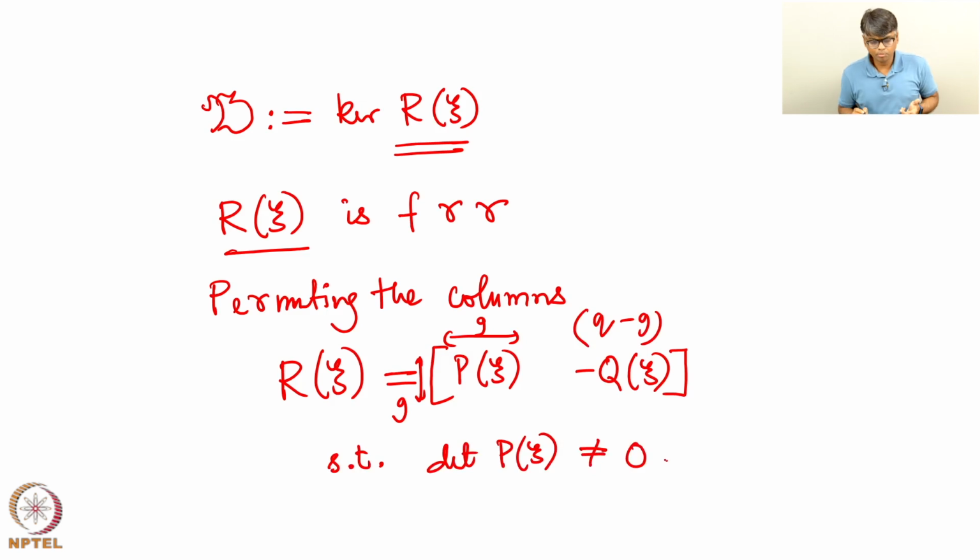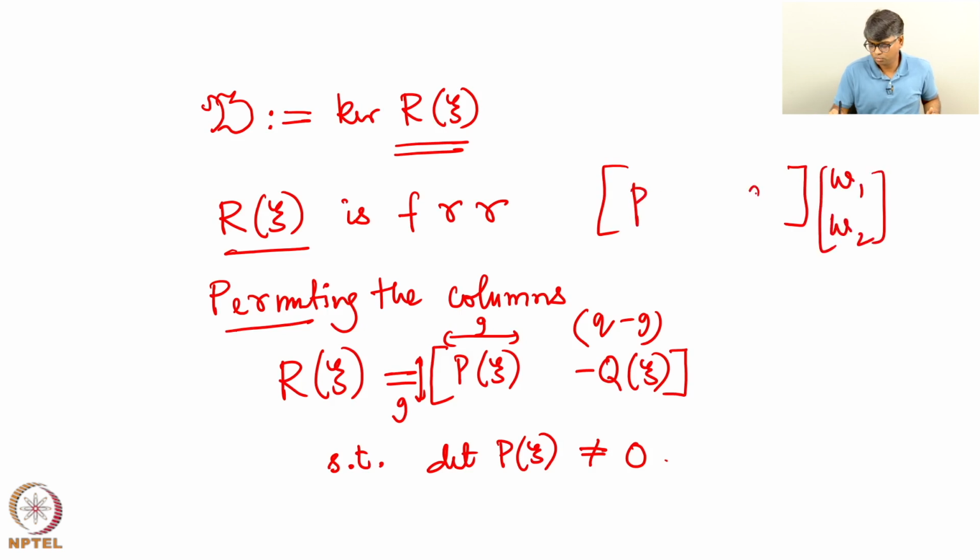Remember that it may not be possible to do so unless we permute the columns. Now, what does permuting mean? Permuting of the columns really means the following. If you have variables w1, w2, and two such polynomials, when you permute, this comes here, this comes here, that essentially means that you are rearranging w1 and w2, you are rearranging the variables as well.